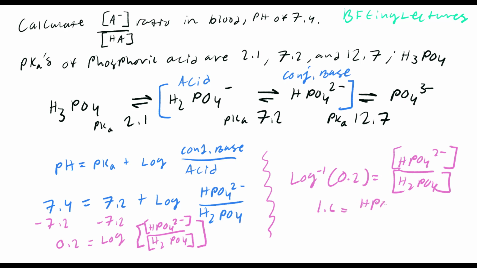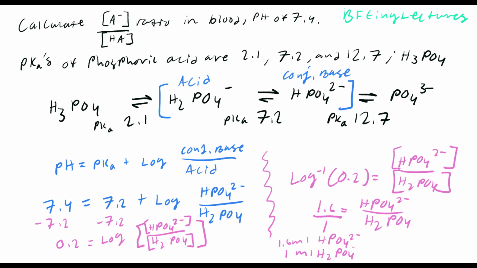Okay? So what does 1.6 mean? It's just some random number. Well, actually it's 1.6 over 1. So what does that mean? It means that if you were to make a buffer, let's say in a couple of milliliters, you would need to have 1.6 milliliters of your base and 1 milliliter of your acid.